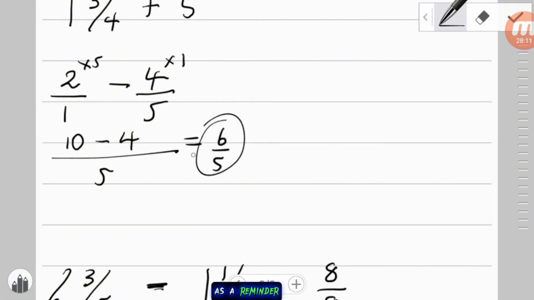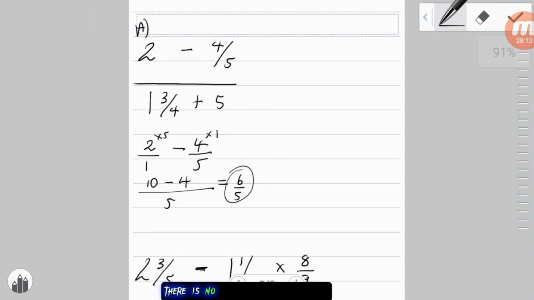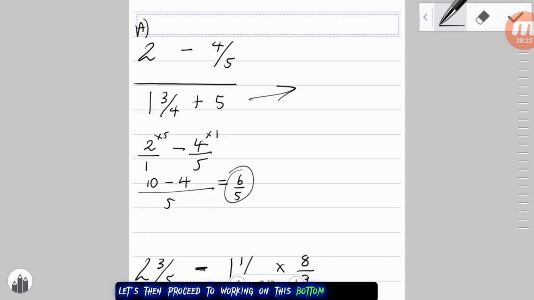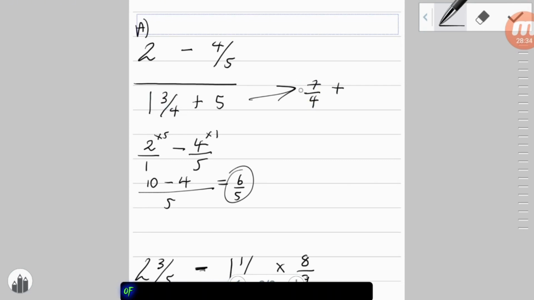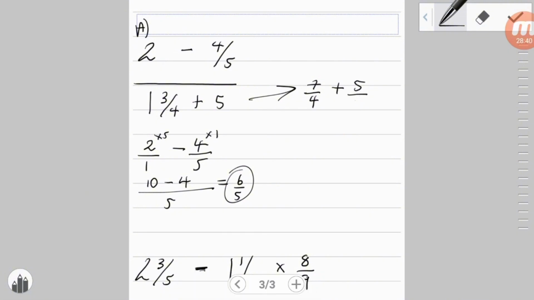As a reminder, and a constant reminder, there is no point in converting this improper fraction to a mixed number, because it is not our final answer. Let's then proceed to working out this bottom section of the problem here. Now we need a conversion because this is a mixed fraction. So we have 4 times 1 is 4, plus 3 is 7/4, plus, of course, we have this whole number here, which is 5, similar to that of the 2, that can be expressed as a fraction with its denominator being over 1.